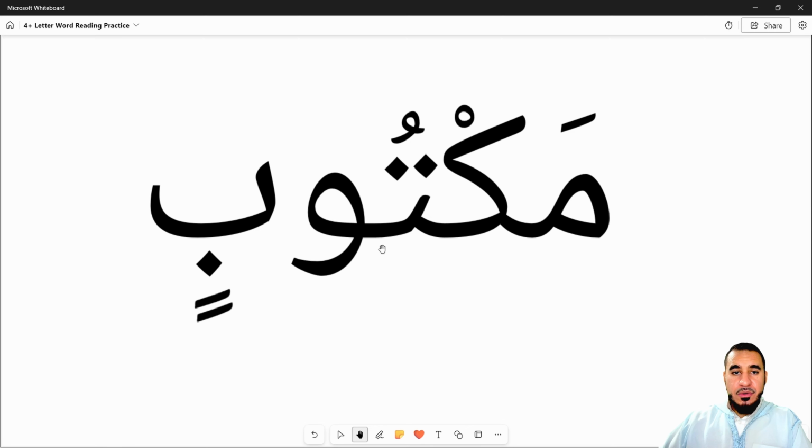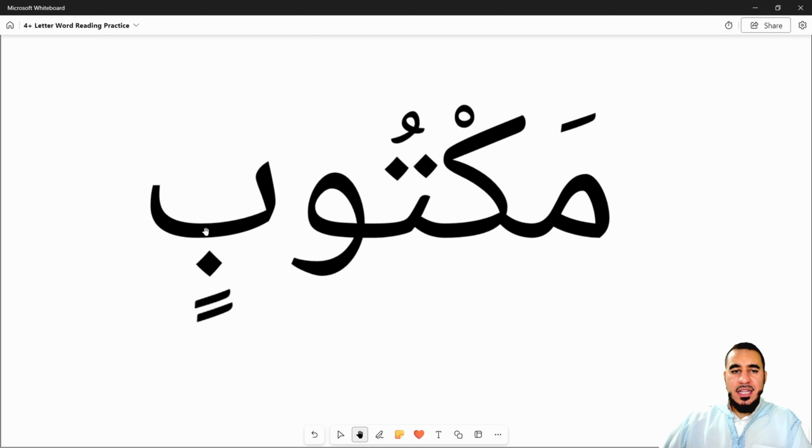So, for example, we could have written the waw with the sukoon, just like the kaf, okay? Or we could have got rid of the sukoon above the kaf, just like the waw. So either we can write the sukoon above a letter to show that it has a sukoon, or we just don't write any haraka, either above or below the letter, and then we know that this letter has a sukoon on it.